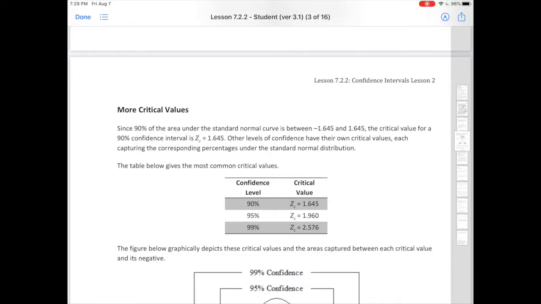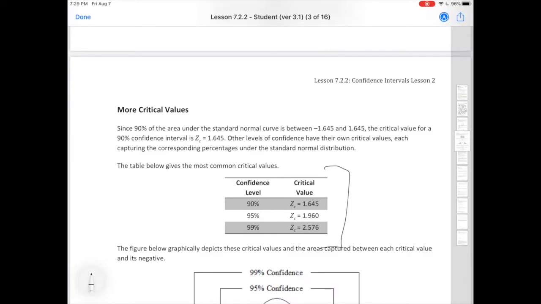The table below gives the most common critical values. So I want you to look at this table here. This table right here gives us the 3 most common critical values that you're going to see in this class. And in fact, on an exam, these are the only ones that you'll ever see, okay?